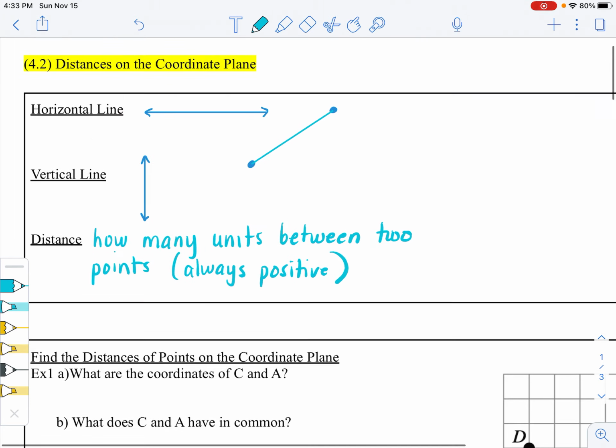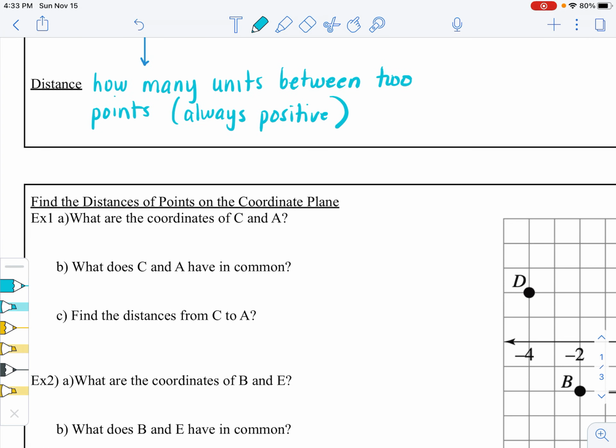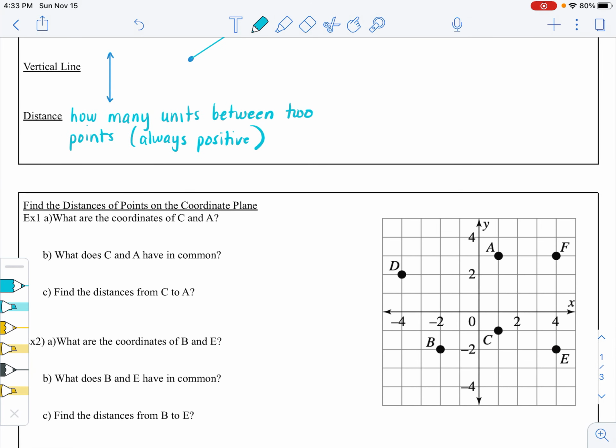Okay? So let's take this example, the example 1. It says, what are the coordinates of C and A? So let's find C. C is right here, and A is right here. Okay? Now, let's look at A first.